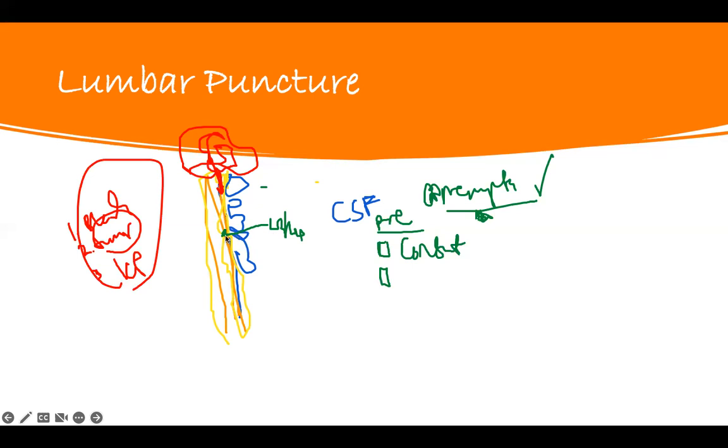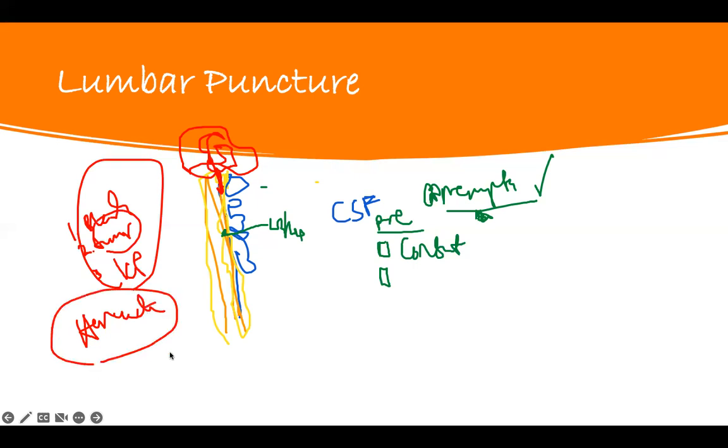If you puncture here, because of the high ICP in the brain and the tumor or whatever is causing that pressure, you release that pressure, and what the brain is going to do is herniate down, herniation, and you kill the patient.